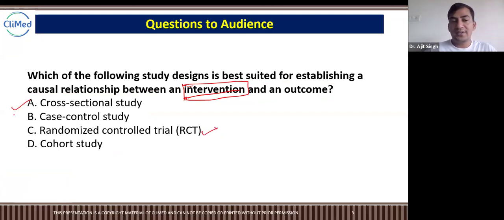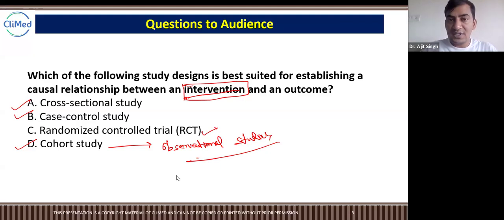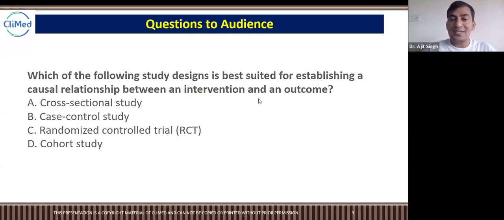Cross-sectional studies, case control studies, and cohort are all three observational study designs. So you cannot have an intervention in any observational study. So the right answer is RCT, right?